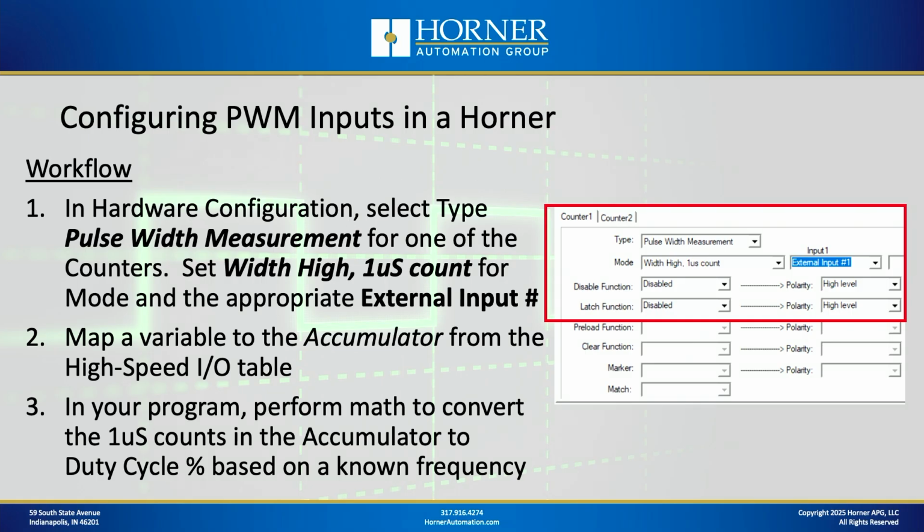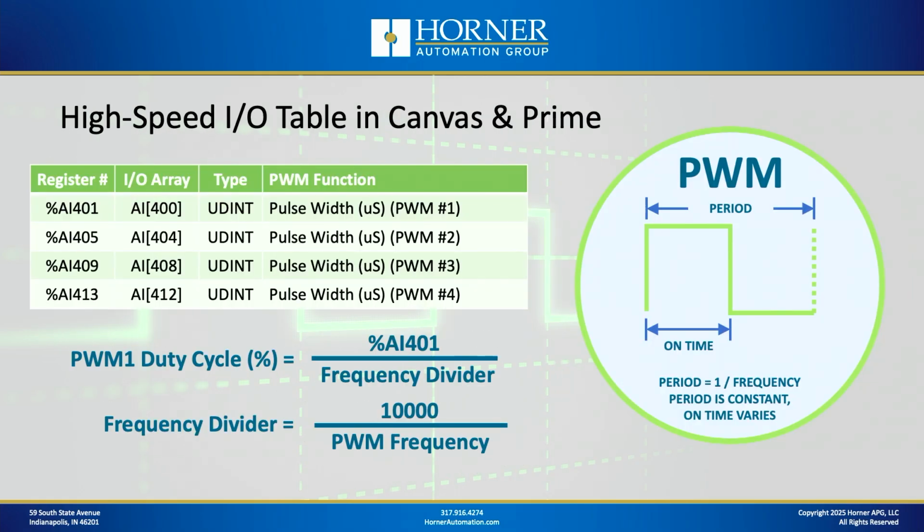And then in your logic, you're going to do a little bit of math to convert those counts into a width and then into a duty cycle as a percentage based on whatever frequency is being used by that particular PWM signal. All right, so now let's take a look at the detailed I/O table for Canvas and Prime.